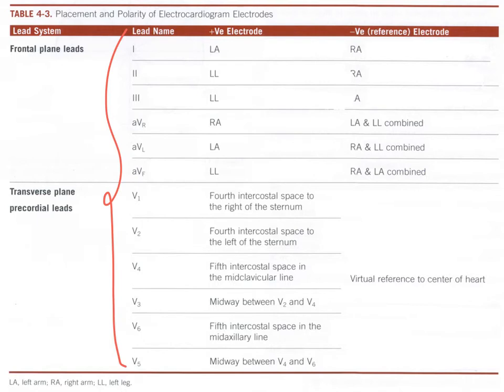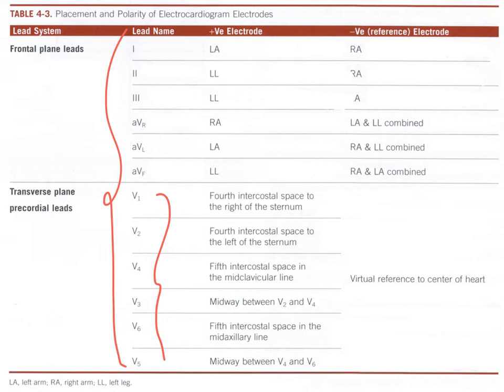So we have what we call the frontal plane leads. That includes lead 1, 2, 3, and AVR, AVL, and AVF, and then the transverse plane or the precordial leads that range from V1 to V6. And you can think of which direction is positive and which direction is negative, and I'll try to show you the importance of that.